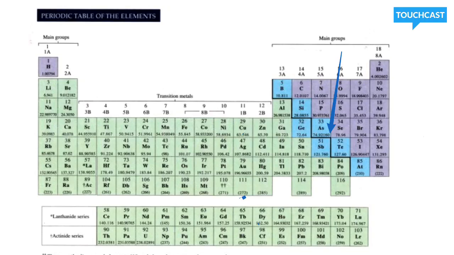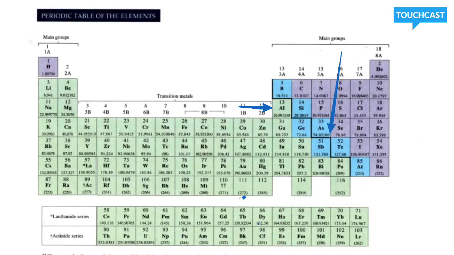Now, for your metalloids, the way you find those is basically anything that has 2 sides touching this staircase going down the middle. I like to call it the iron curtain because it separates your metals from your nonmetals, but you can come up with your own name for it. Basically, anything that has 2 sides that touch that is going to be considered a metalloid, with one exception.